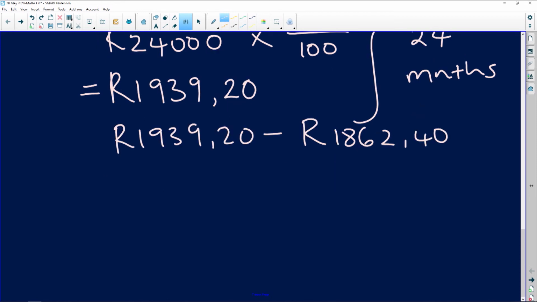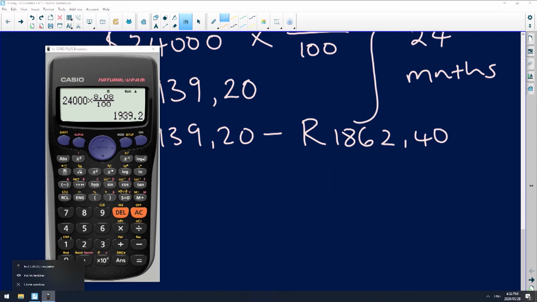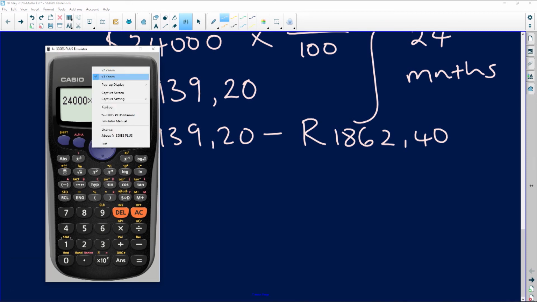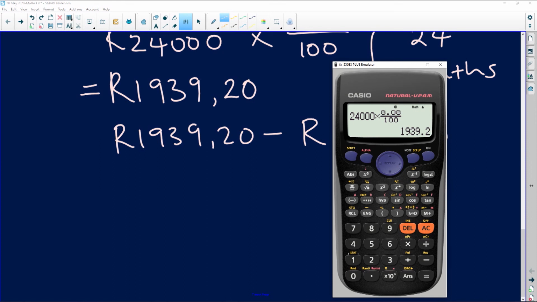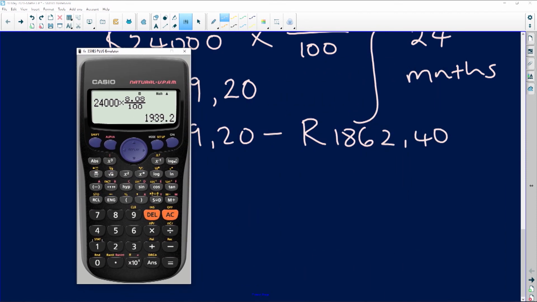1,862.40. If I use my calculator for that, it's already there, so I'm just going to subtract it, minus 1,862.40. There we go.